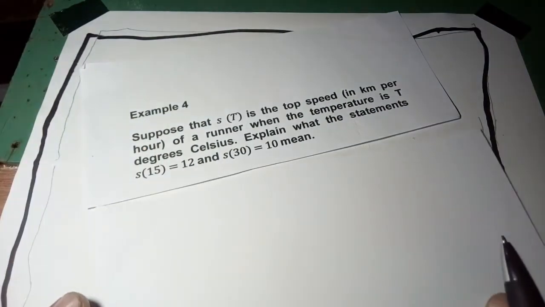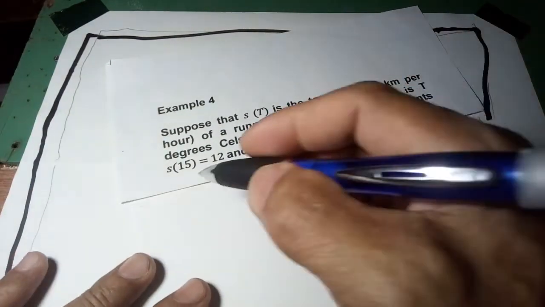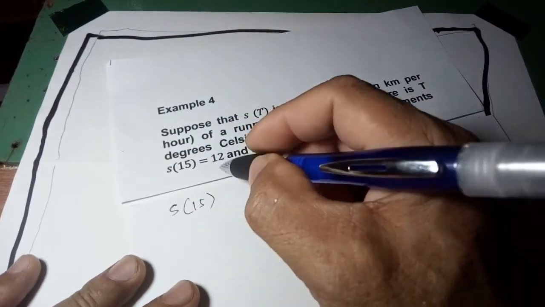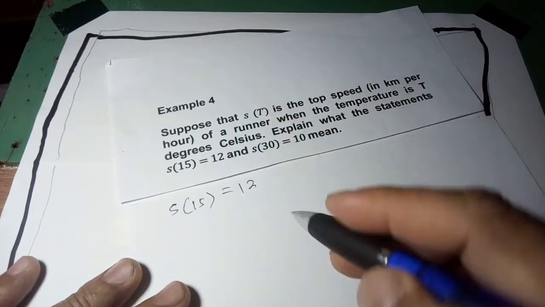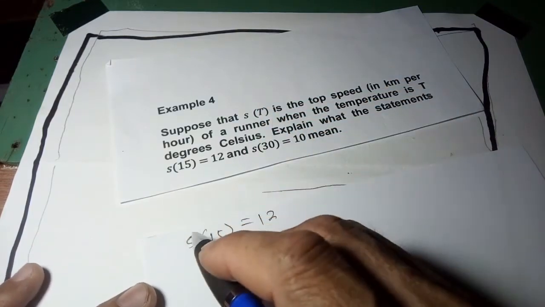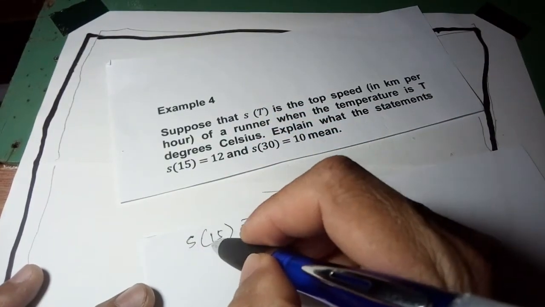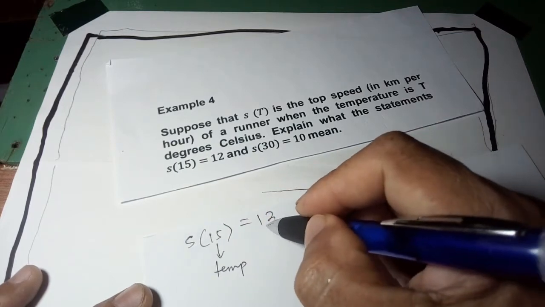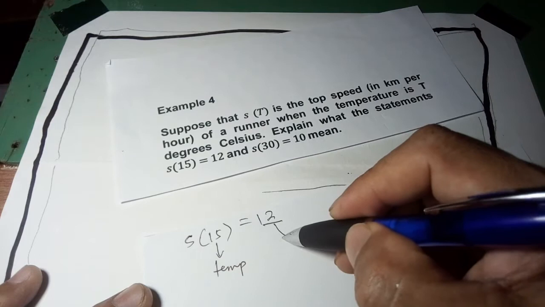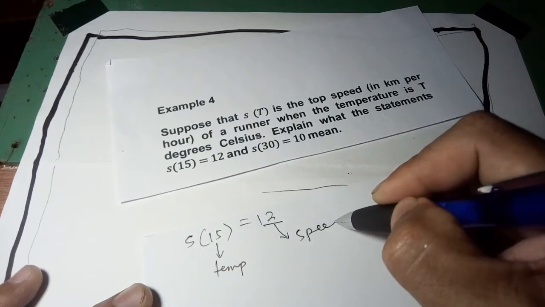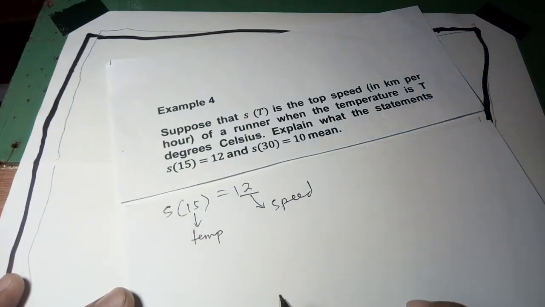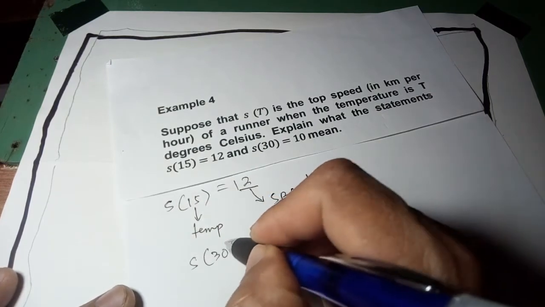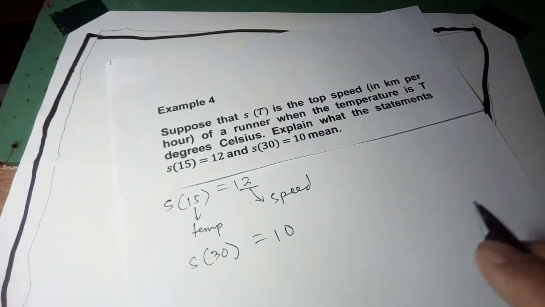Okay, so as we compare, s of 15 equals 12. This 15 here is temperature and 12 here is the speed. We have also s of 30 equals 10.